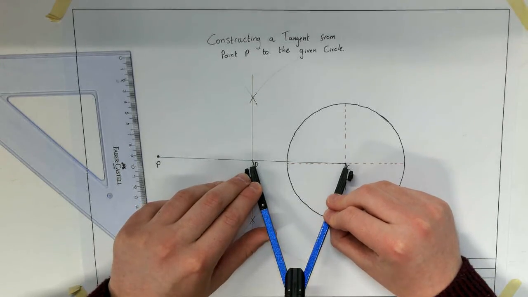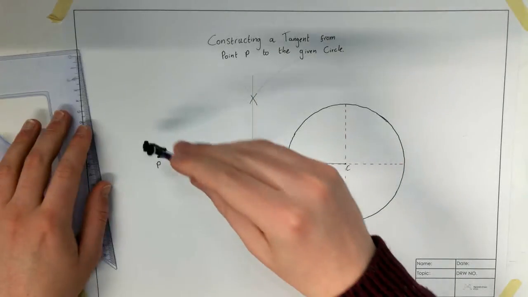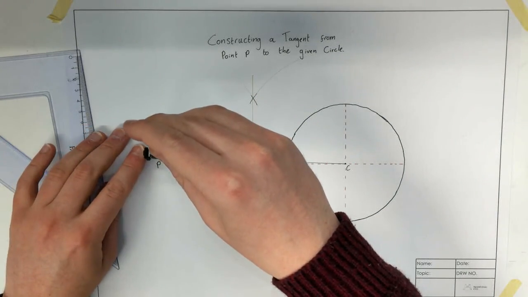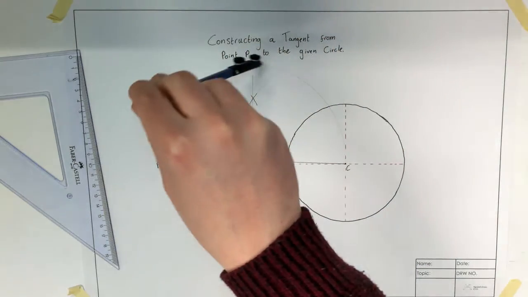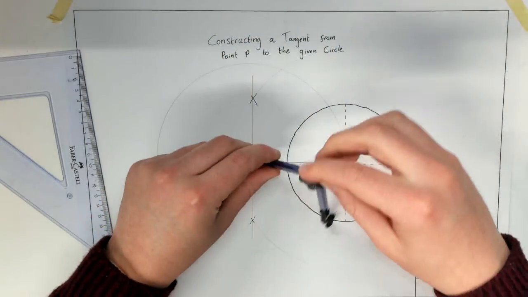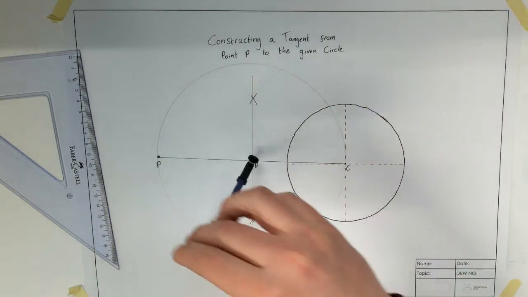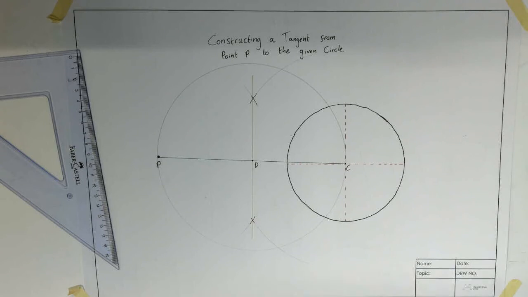And then you line up your lead onto point C or onto point P, whichever one you prefer, and we scribe an arc. I'm actually going to do a full circle here and draw two tangents, just to show you that we could do it both ways. Actually, we can see that circle okay on the visualizer.